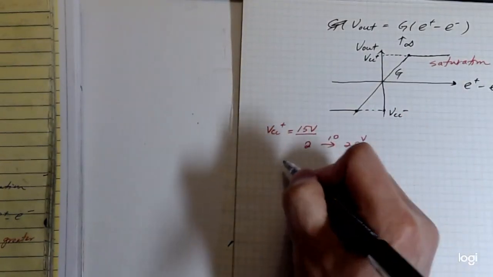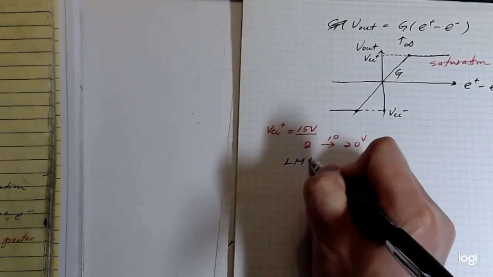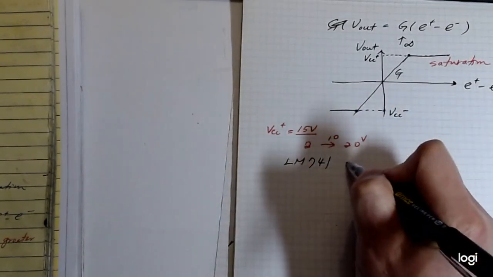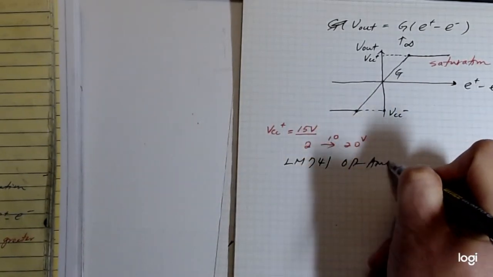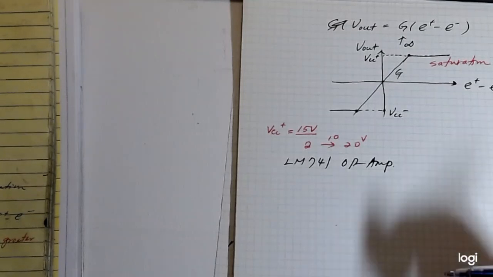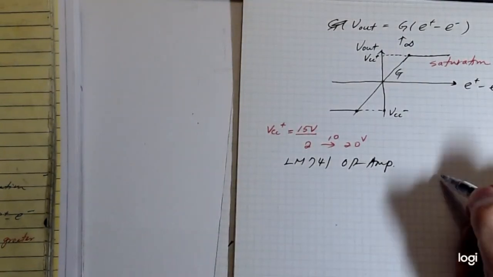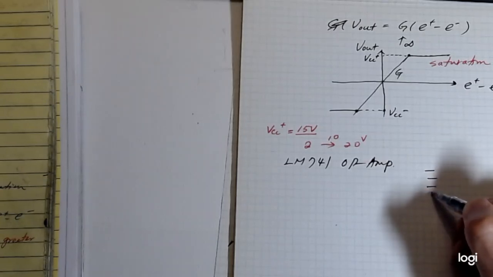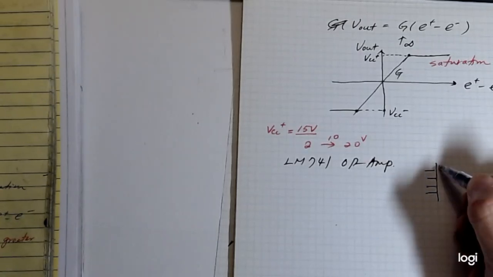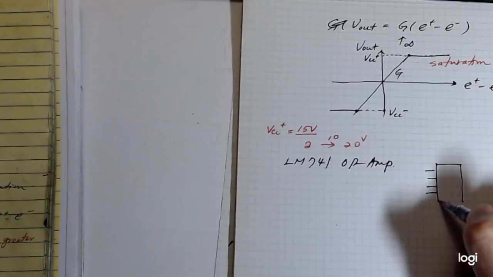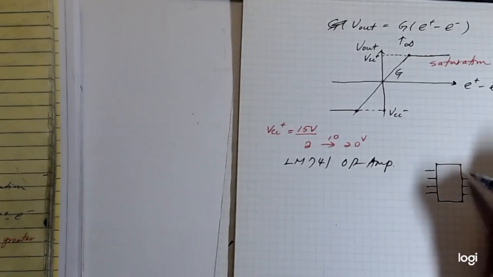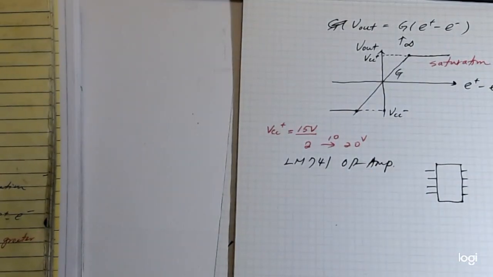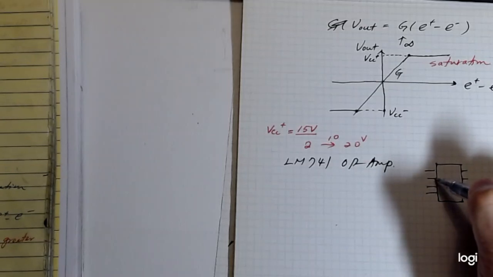Okay, so also for the typical 741 series op-amp, if you look at this pin out, you should have pins for this chip.